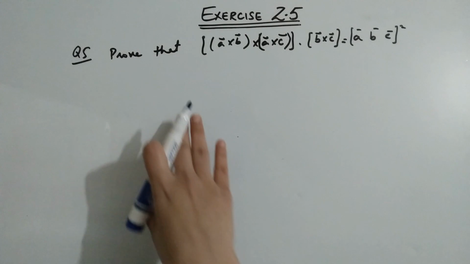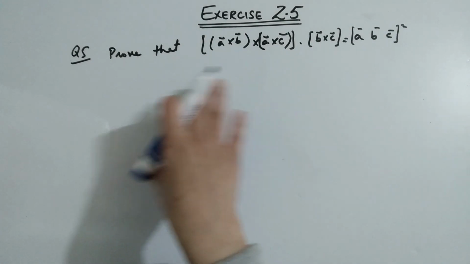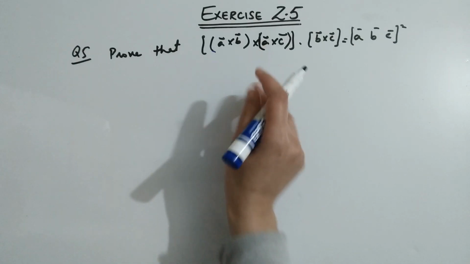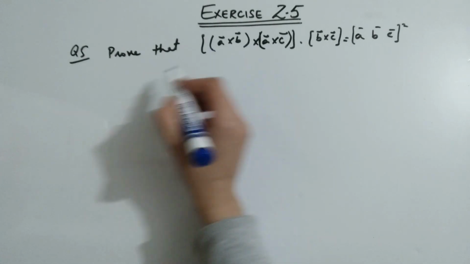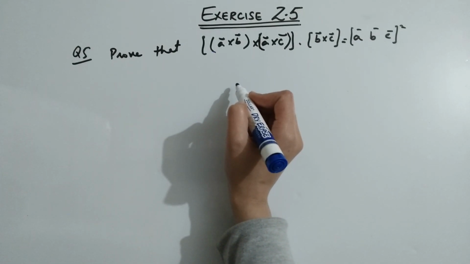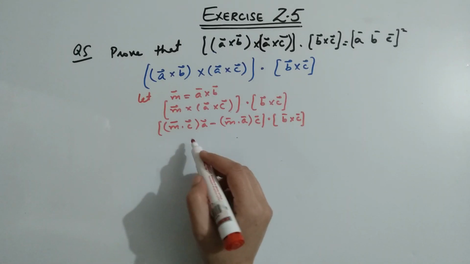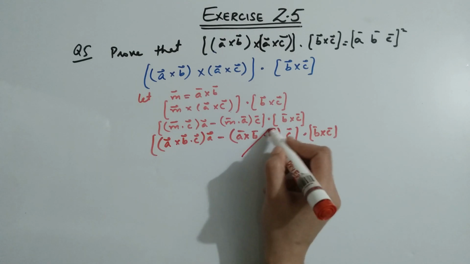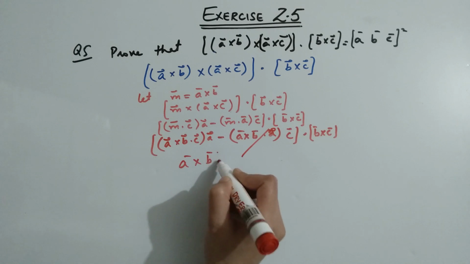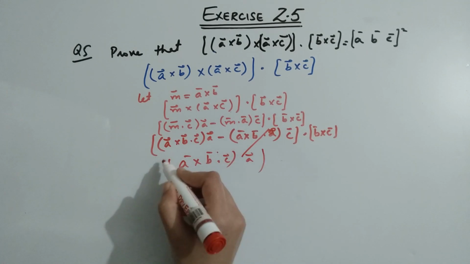This is another identity. In question number 5 you have to prove it. Actually the 2.5 exercise is all about the vector identities, the identities of vector triple product. So taking this left hand side and solving it with vector triple product property. After opening the formula, putting the value of m back here, it will go to 0 and you are only left with (a cross b) dot c times a and with dot b cross c.